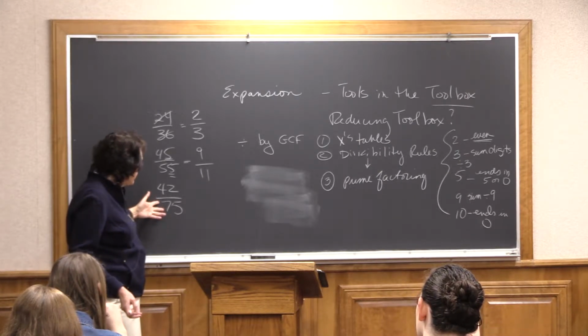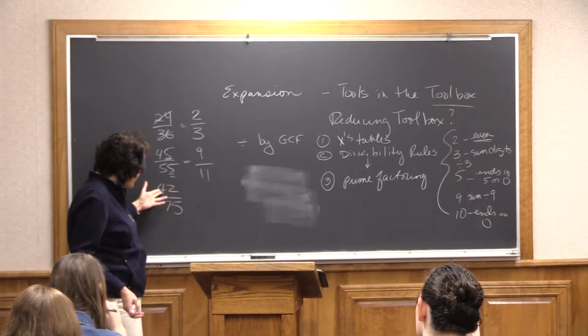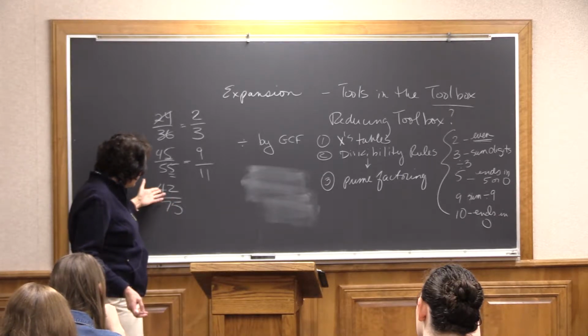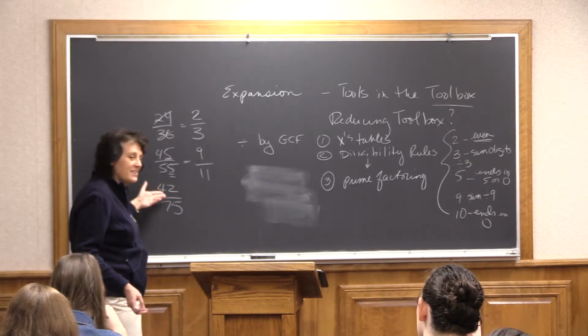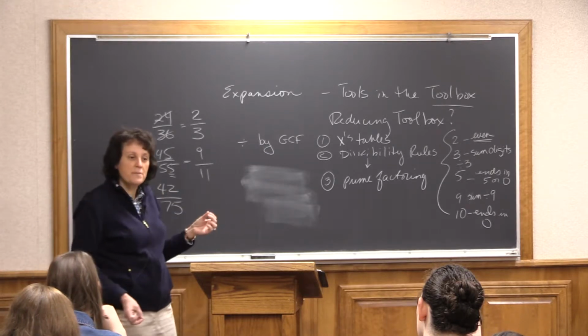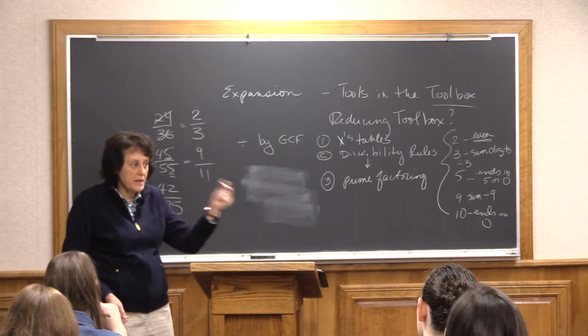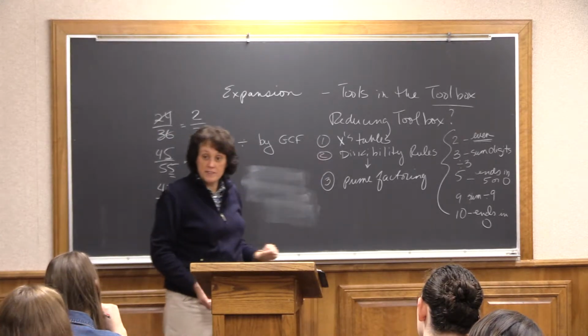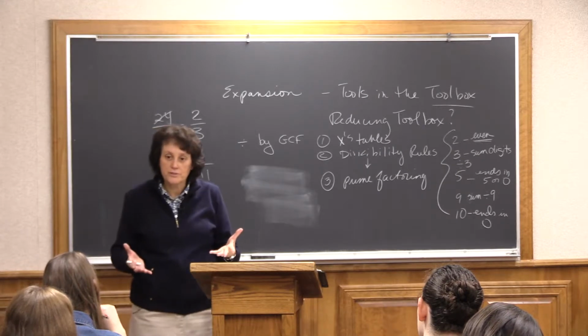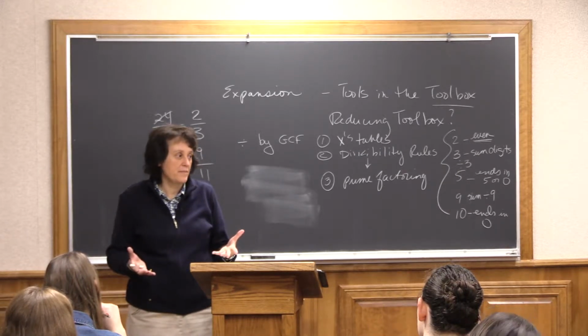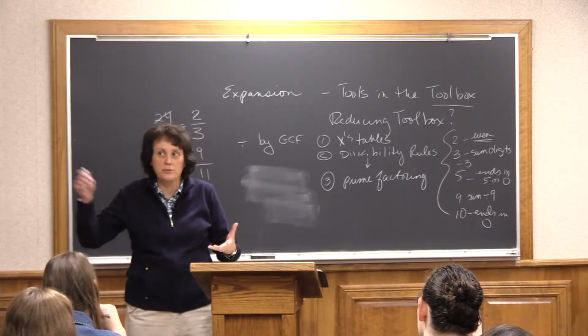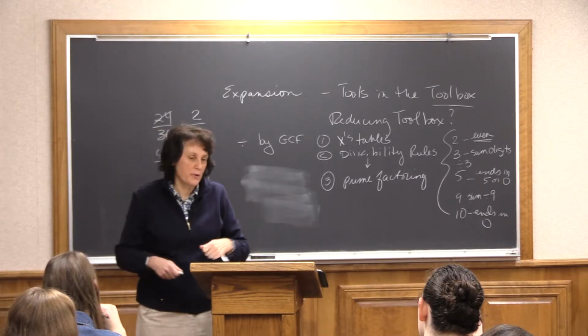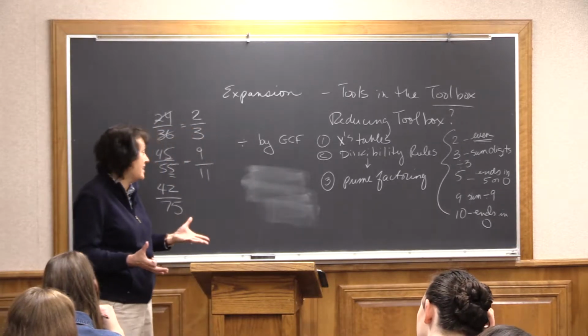We can use the fact that this is 7. But if it takes too long to immediately come up with the greatest common factor using your times tables and your divisibility rules, then those aren't good tools, are they? If you have to stop and think and do a couple division problems on scrap paper or in your mind, this is just not a good tool.